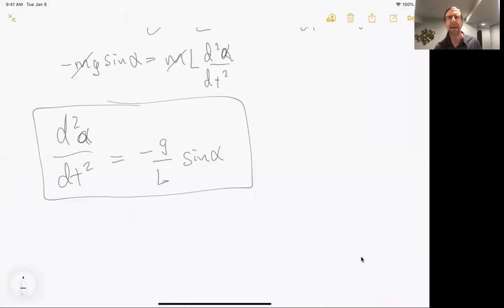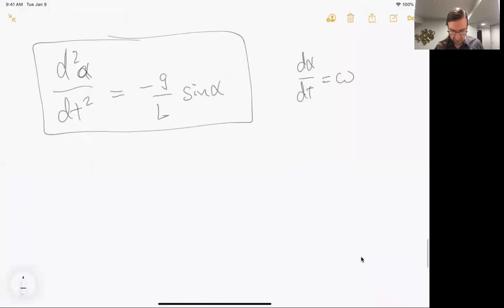So we have a second order differential equation, and as usual, we're going to turn this into a first order system by introducing another variable. The first derivative of angular displacement is called angular velocity. Angular velocity is just telling you the rate of change of the angle. I think physicists like to use the Greek letter omega for that, which looks like a lowercase w. So we're going to say d alpha dt equals omega.